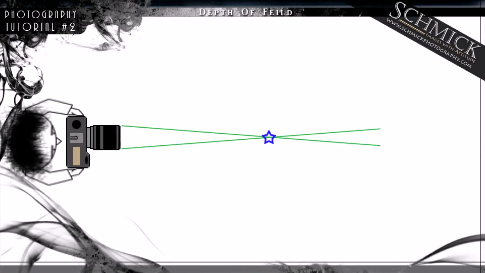So we draw these lines going towards our subject matter, and continue them out the other side. Now these two lines here represent focus. So anything that is inside these two lines is in focus. So with this particular situation where we are, from this point to this point are all in focus.